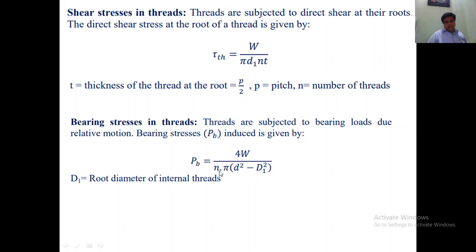So we take that load, and n is the number of threads, so the area is pi by 4 into d2 square minus d1 square, because it becomes a hollow rod here, as we have used in the mechanics of materials equations. Into the number of threads, that gives the bearing stress or the bearing load.